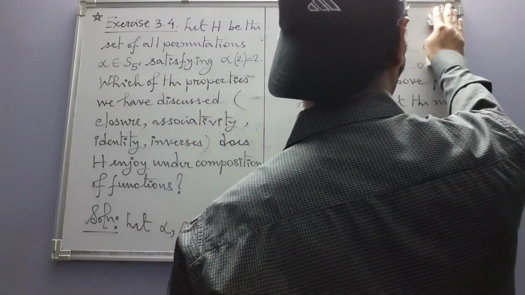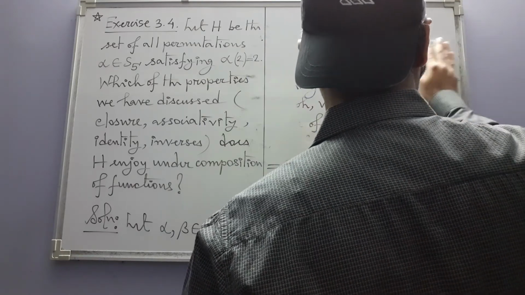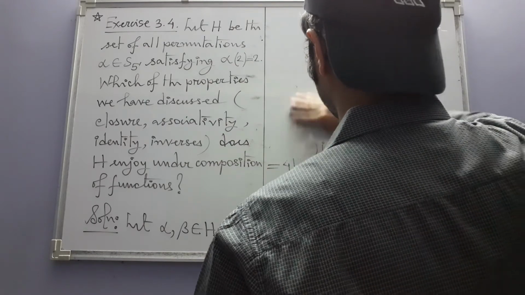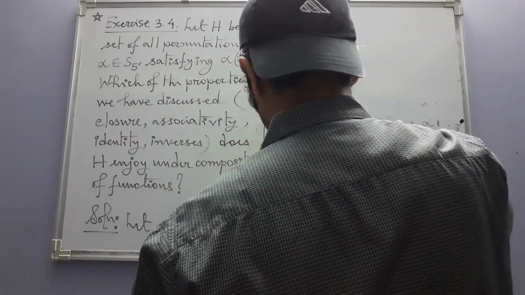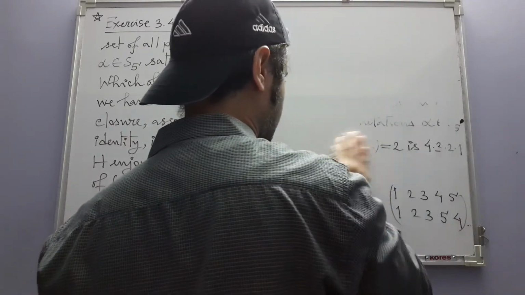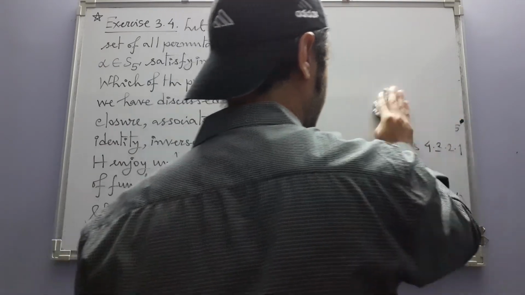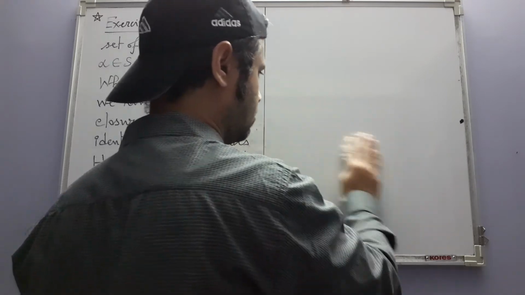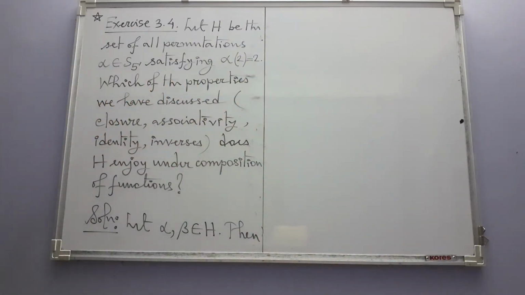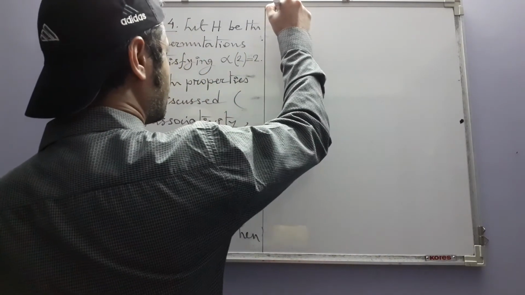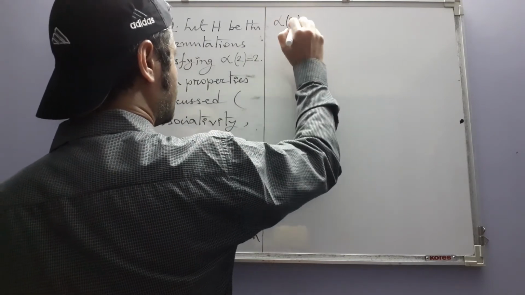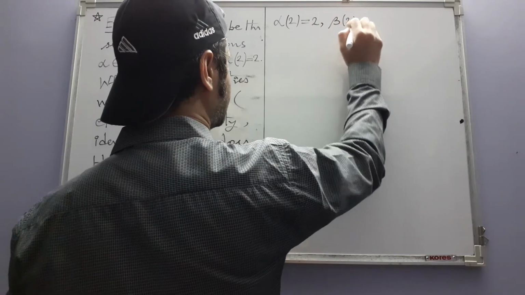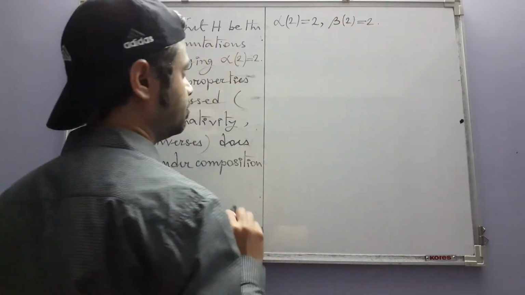Automatically we have two conditions on alpha and beta. Since they are coming from H, each one of them fixes 2. Alpha of 2 is 2 and beta of 2 is also 2.